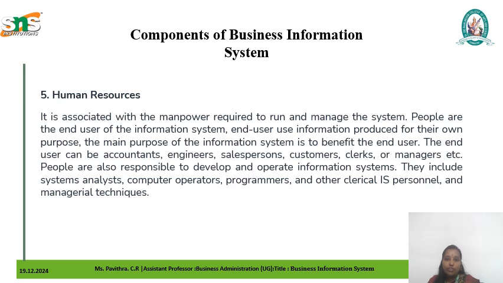The main purpose of an information system is to benefit the end user. For example, if we are creating software, it should benefit the end user, the system user, isn't it? That is the main purpose of an information system.